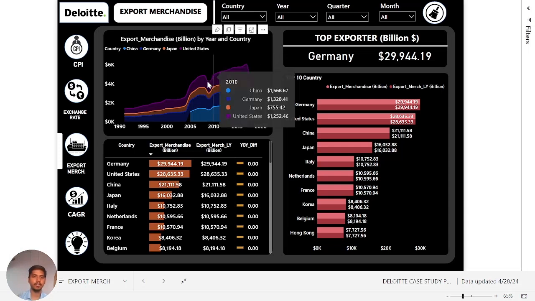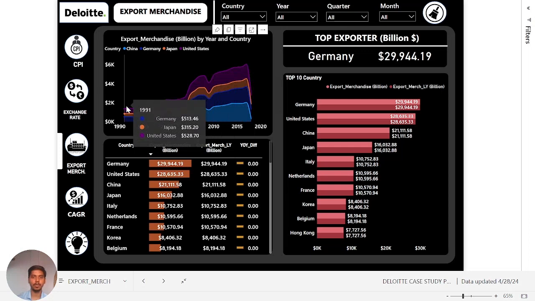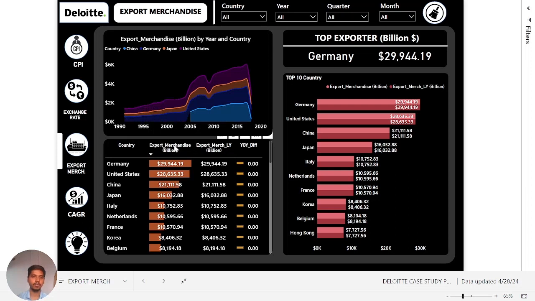From here you can find how many billion dollars of exports they have done throughout the period from 1991 to 2018. Here you can find the names of the countries, their export merchandise in billion dollars, last year's export, and year on year difference. Here you can find the top exporter of that particular year.